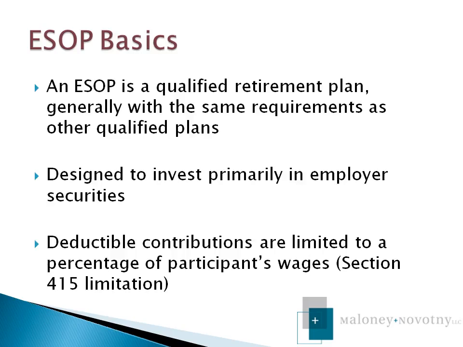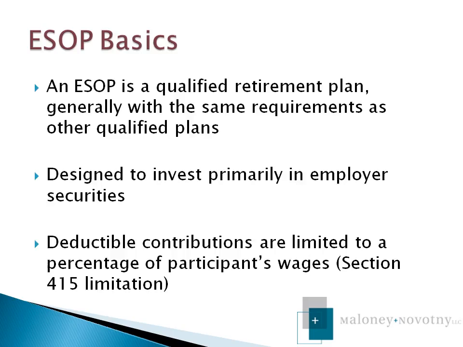Now, the way that you get money into the plan is just as you would in any other qualified retirement plan. It's typically through deductible contributions, and they are limited as a percentage of a participant's wages. We call that the Section 415 limitation, which is the Internal Revenue Code section.